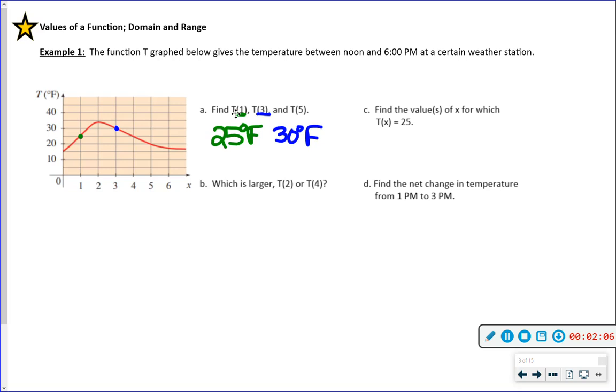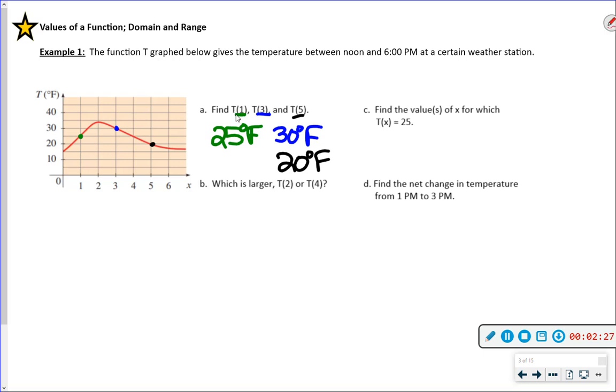And then let's do this one in black, 5. And of course our temperature straight over there at 20 degrees. That is getting functions off the graph. Remember, those are really ordered pairs: 1, 25; 3, 30; 5, 20, just getting them off the graph. Different style to look at it.